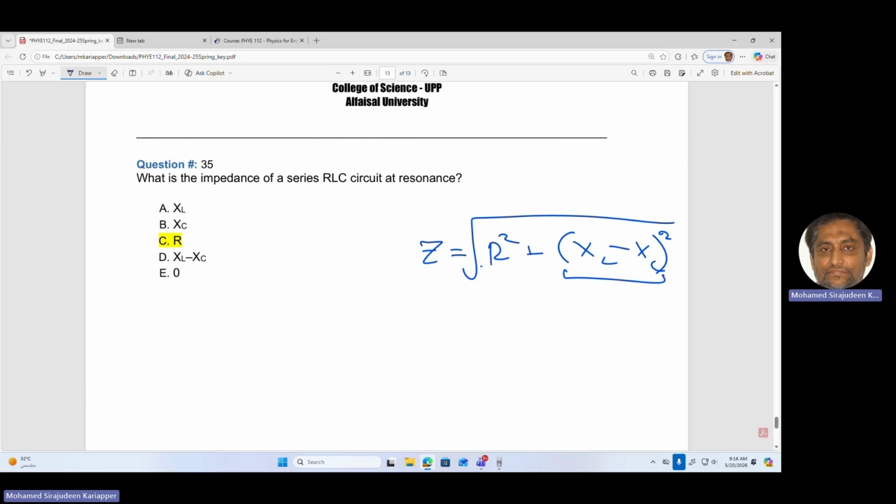Resonance happens when XL is equal to XC. When that happens, this is 0, so Z will become R. The impedance of a series RLC circuit at resonance will be simply the resistance.